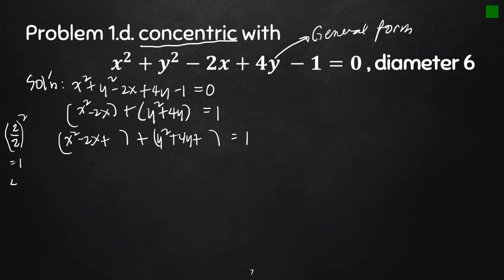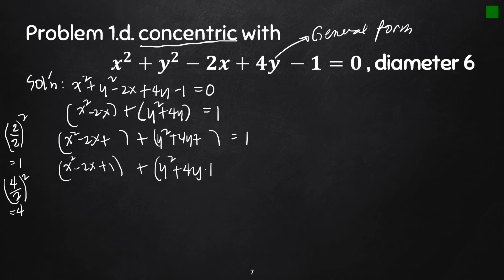And for the second binomial, we have 4 over 2 squared. That's 2 squared, that's equal to 4. Therefore, we have here x squared minus 2x plus 1. And on the second binomial, that's y squared plus 4y plus 4. Okay, so these two now are perfect square trinomials.